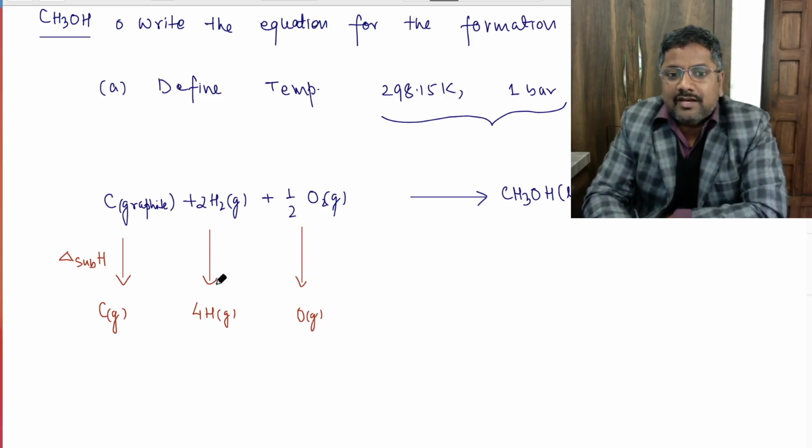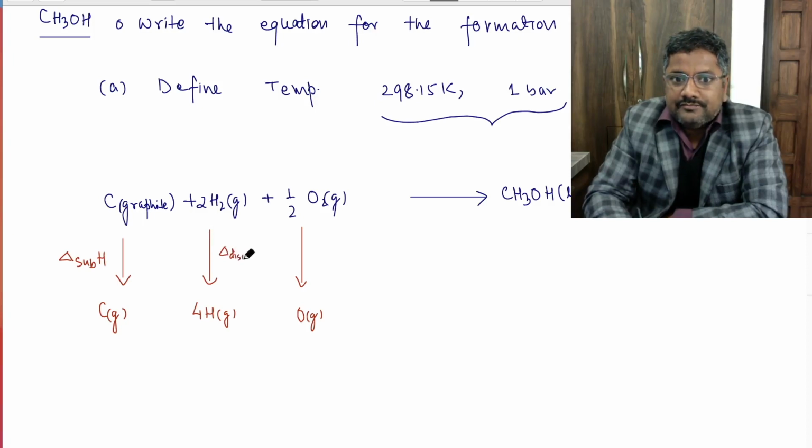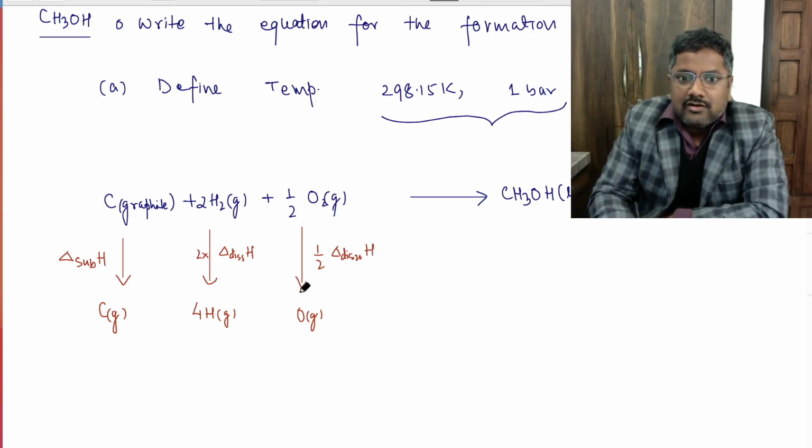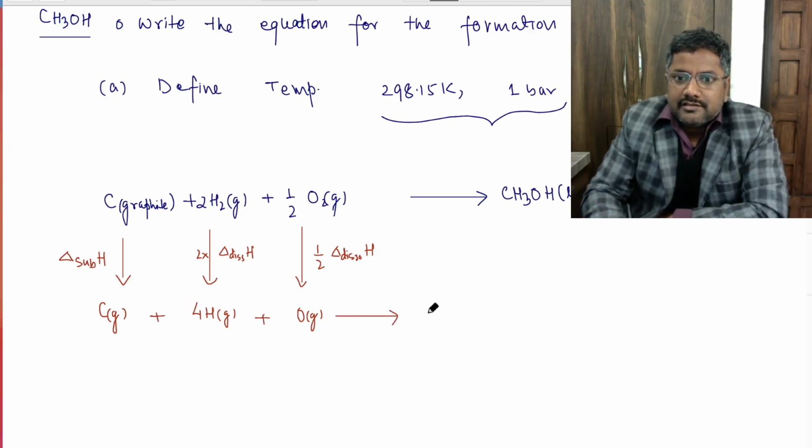So here the enthalpy of atomization or dissociation, delta H dissociation, is involved, and this is 2 times delta H dissociation of the H-H bond. Here I mean half a mole of delta H dissociation of oxygen, because it is given per mole. So now they will combine and first they will form CH3OH gas.